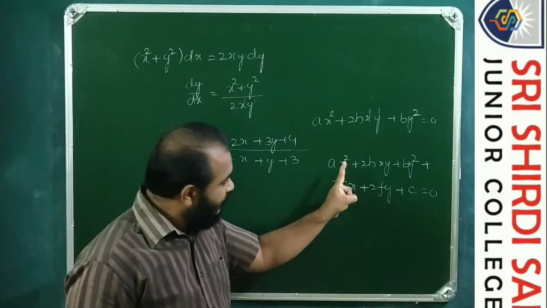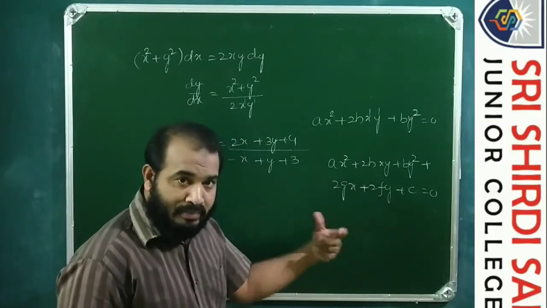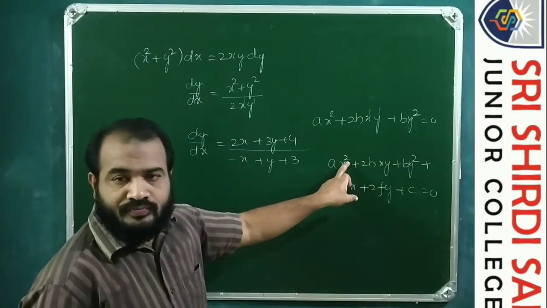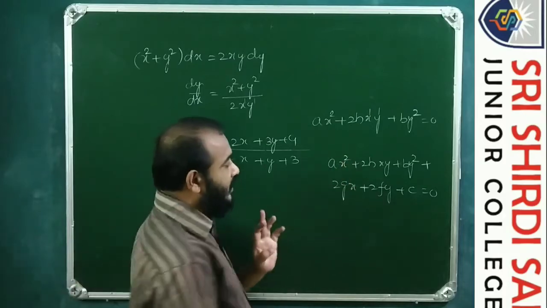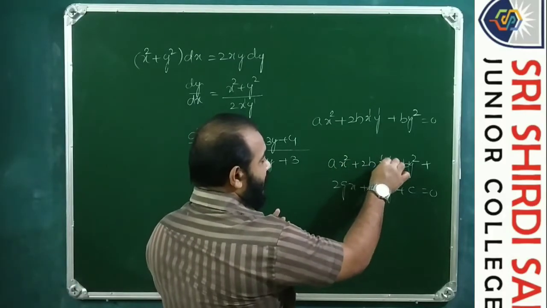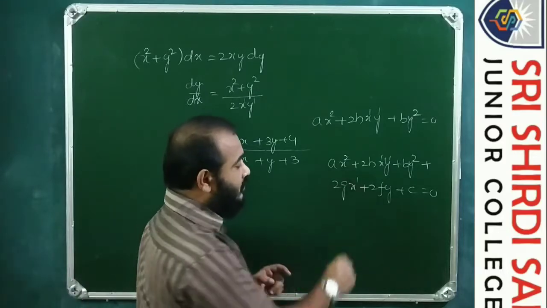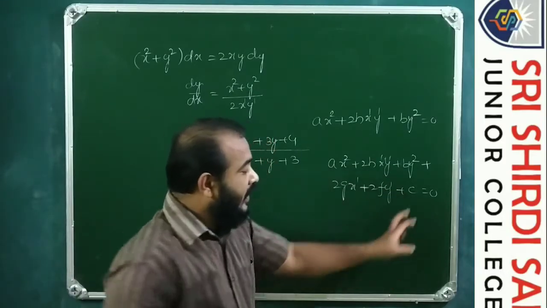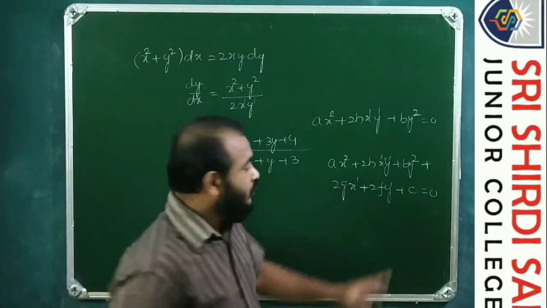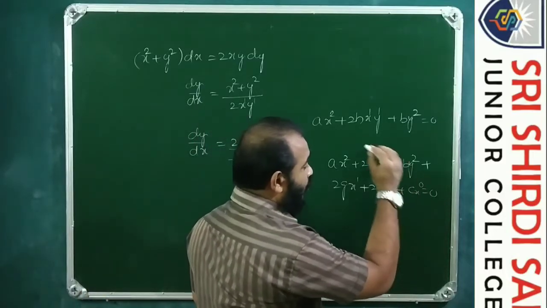But here the degree is 2, here also 2, here also 2. But here x power 1, here y power 1, and here there are no variables at all, so here x power 0.